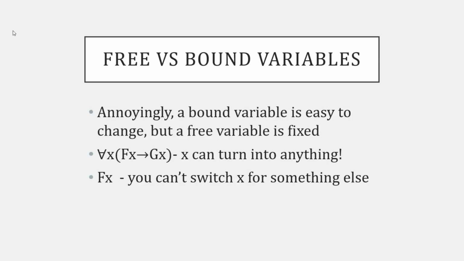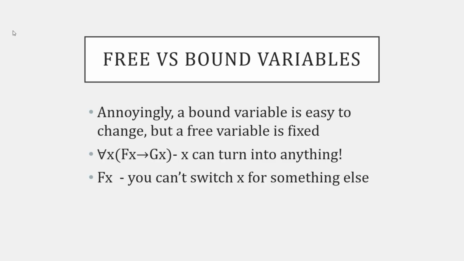So you're going to start from something that's basically a free variable and end up with a bound variable. I'd just like to register a complaint with the gods of logic that this is a counterintuitive way of thinking about this. A bound variable, a variable bound to a quantifier, is in some sense easy to change.